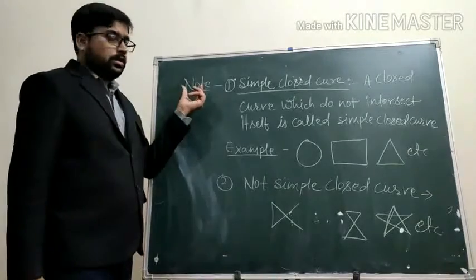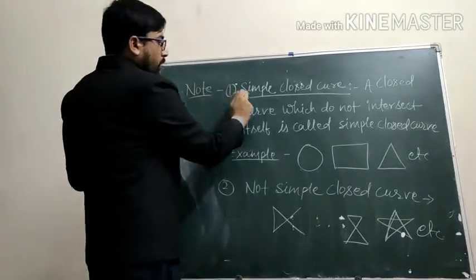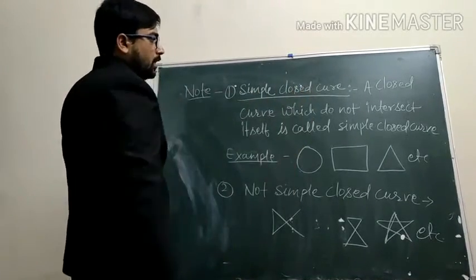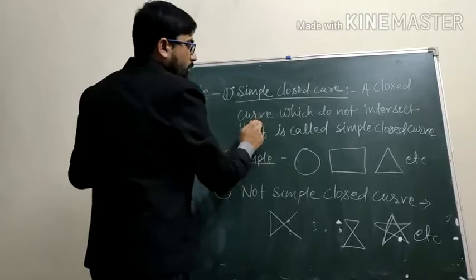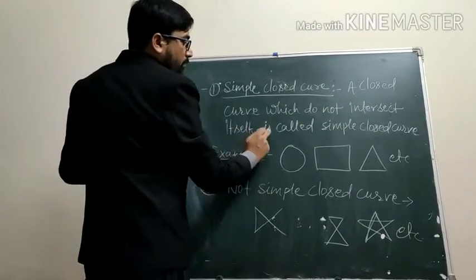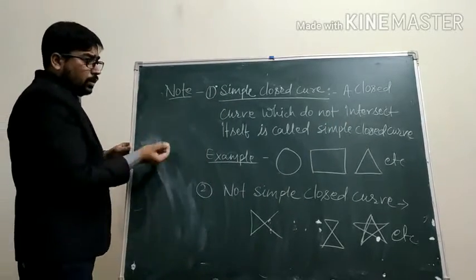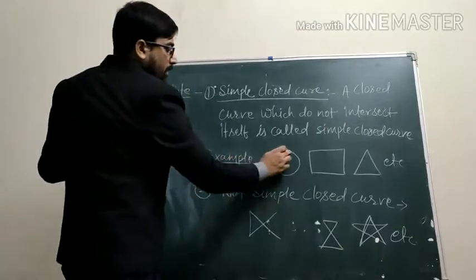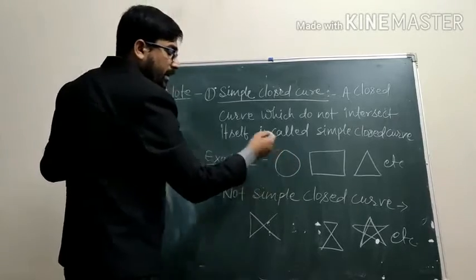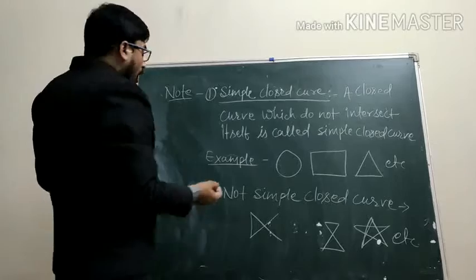Important point related to simple closed curve. What is a simple closed curve? A closed curve which does not intersect itself is called a simple closed curve. Starting point and ending point are the same; that is called a closed curve.